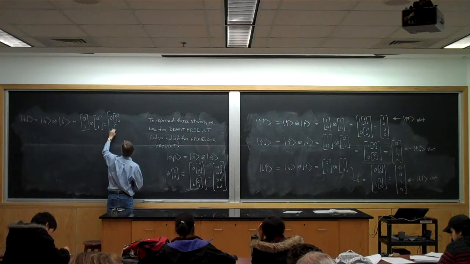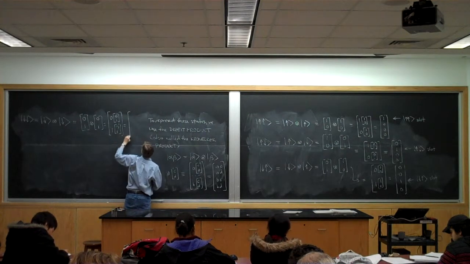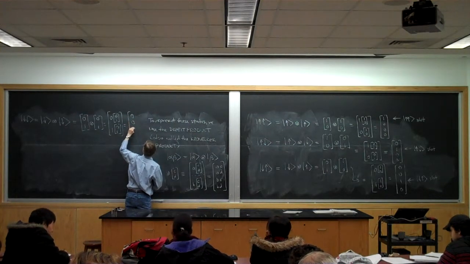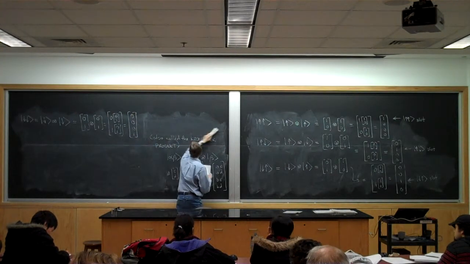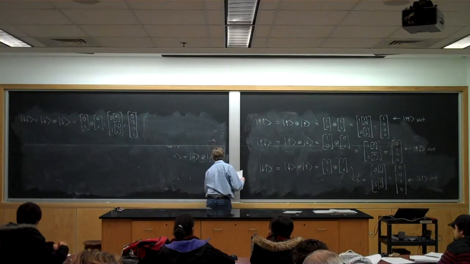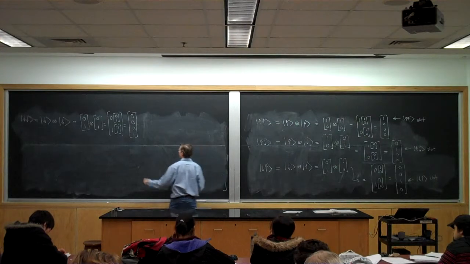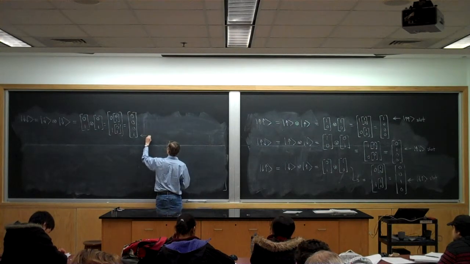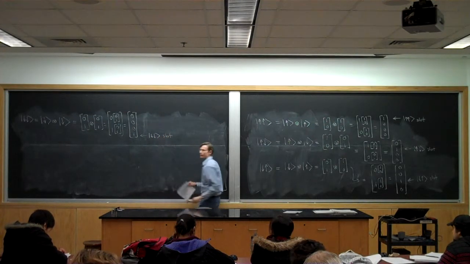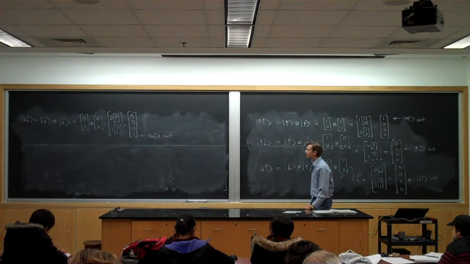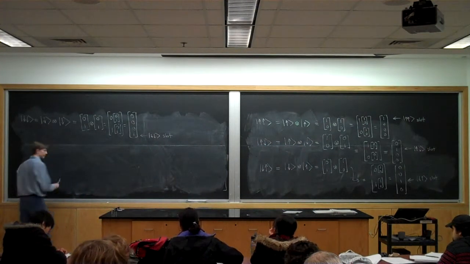Bottom two components are 1 times column 0, 1. So 0, 0, 0, 1. So this guy is the down, down slot. Okay, any questions?